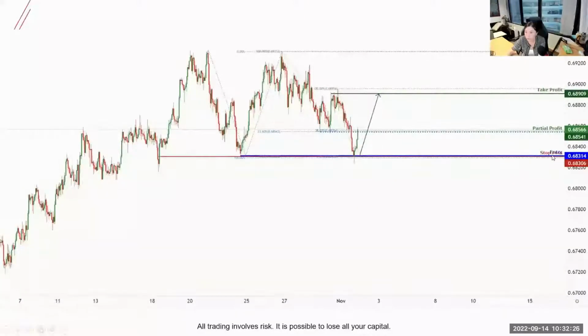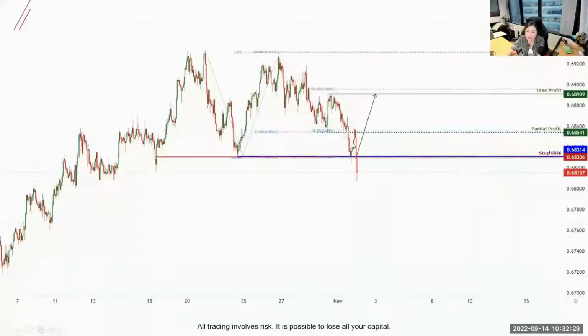If I move my stop loss above and it comes back down, I would not lose any sum of money. Or if I have taken a partial profit there, I would feel better that, hey, luckily I have taken some profits here instead of being so greedy.